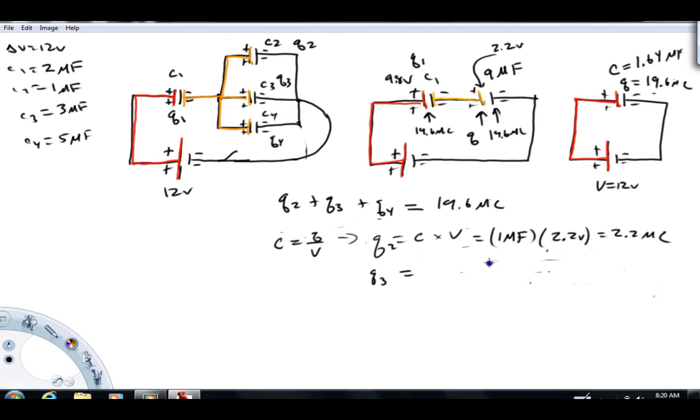Charge 3 is going to be the capacitance, 3 microfarads, times the voltage across it, again 2.2 volts, we get 6.6 microcoulombs.